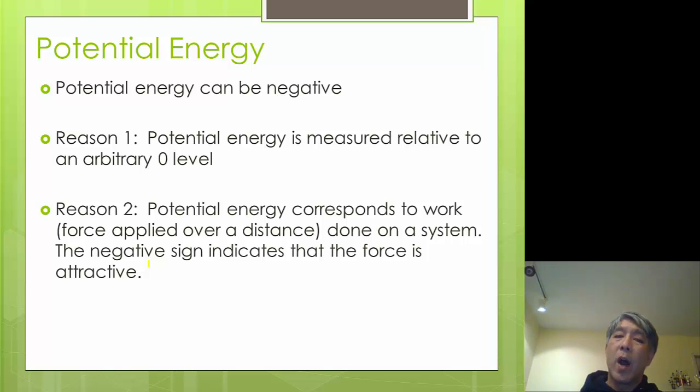And if one object was released, it would then be attracted to the other object. If that potential energy became positive, as you would have in the case of two positive charges or two negative charges in the case of electrical potential energy, then that force is repulsive and the objects would move away from each other at that point.